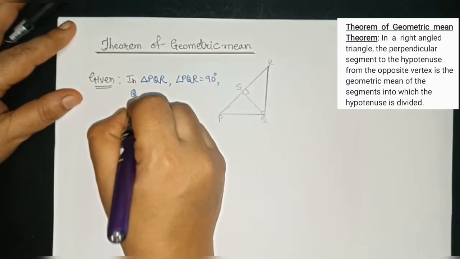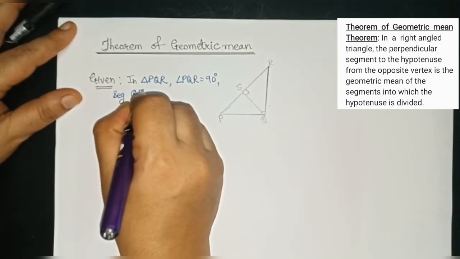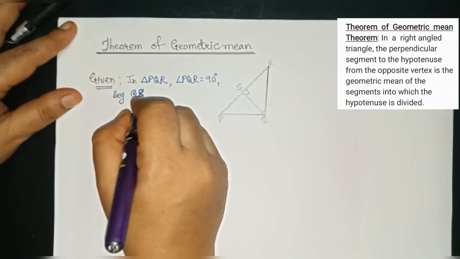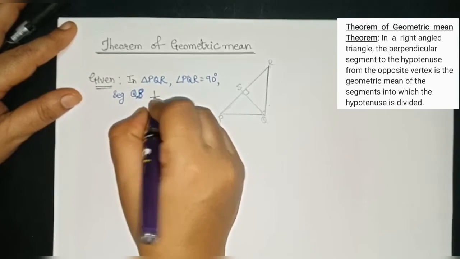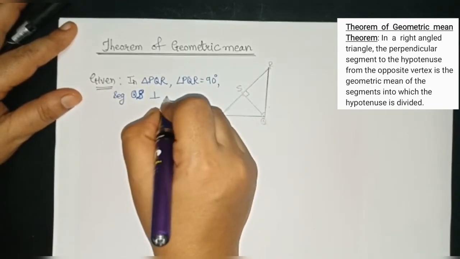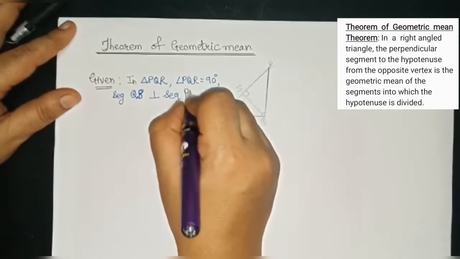Therefore, what more is given to us? That segment QS is perpendicular on hypotenuse PR, that is, it is perpendicular on segment PR.